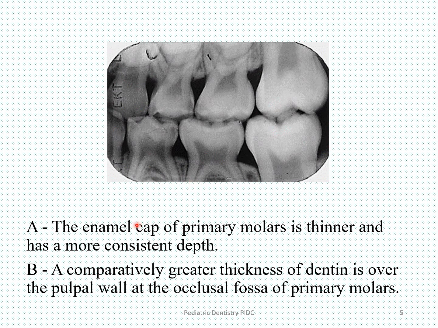Number one is the enamel cap of primary molars is thinner and has more consistent depth. This is a bite-wing radiograph, and this one here is your permanent molars, and these are the primary second molar and primary first molar. If you look at the enamel cap of the primary molar, you see that it is thinner as compared to the permanent.